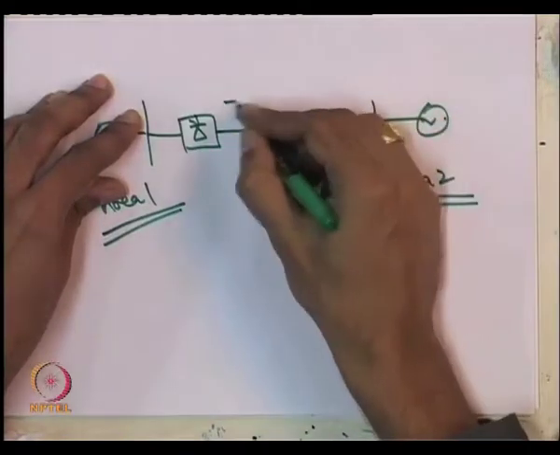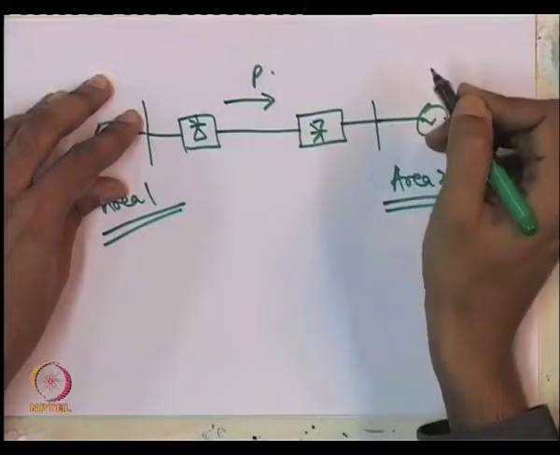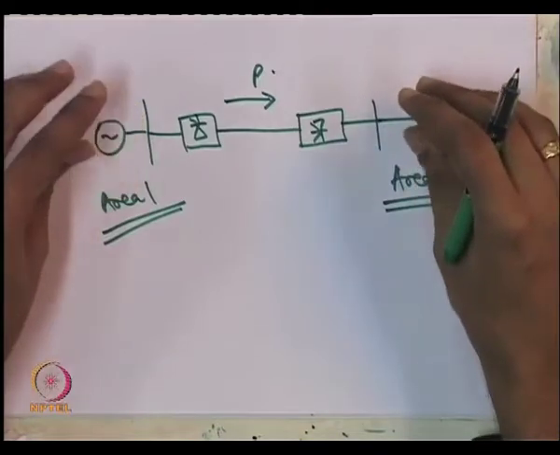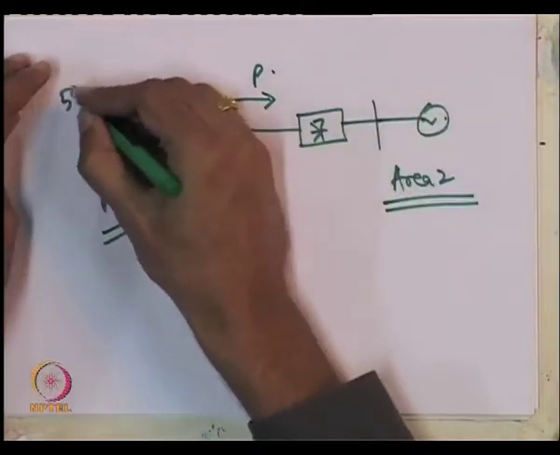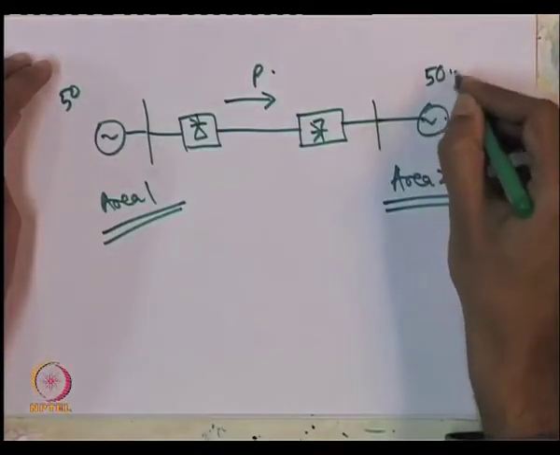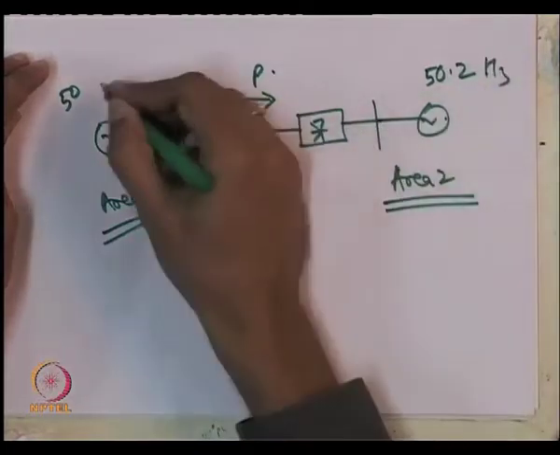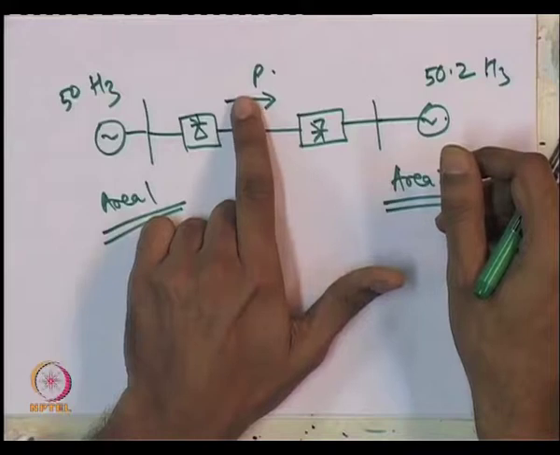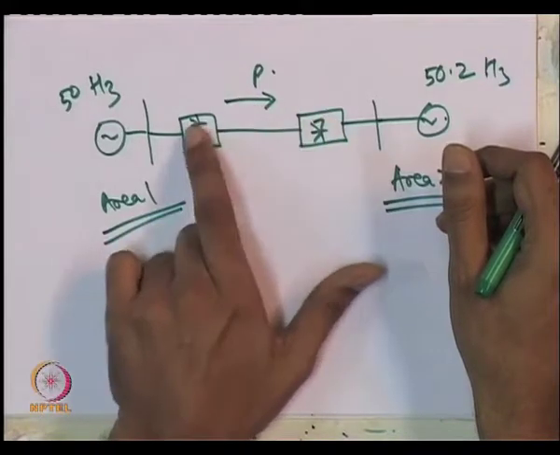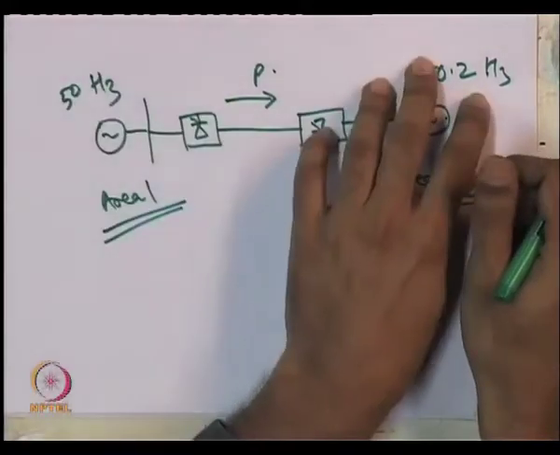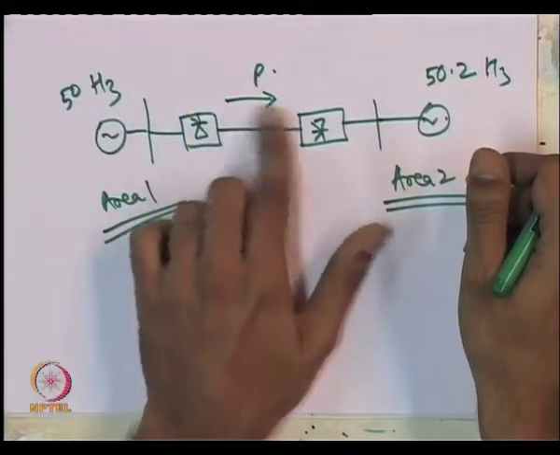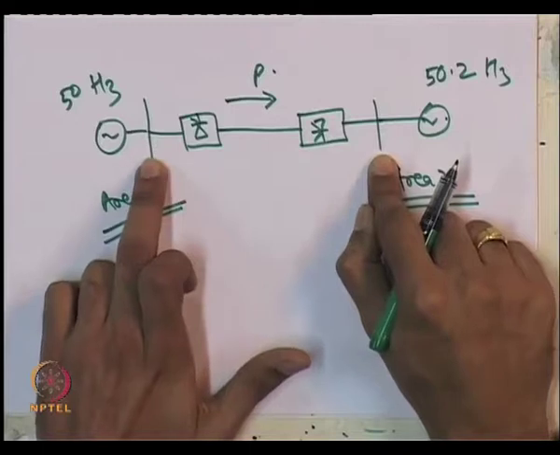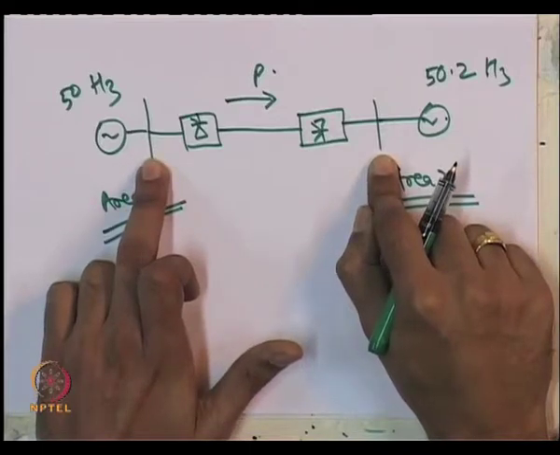The power flow could be regulated by this HVDC link. You can have, for example, the frequency here is 50 hertz and here is 50.2 hertz. Okay. But you can happily operate because the power flow between this region and this region can be strictly regulated by the HVDC link, and the power flow is not a function of the phase angular difference between these two buses. Okay.